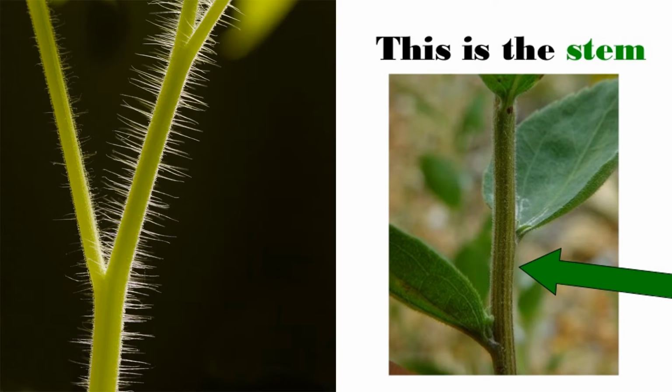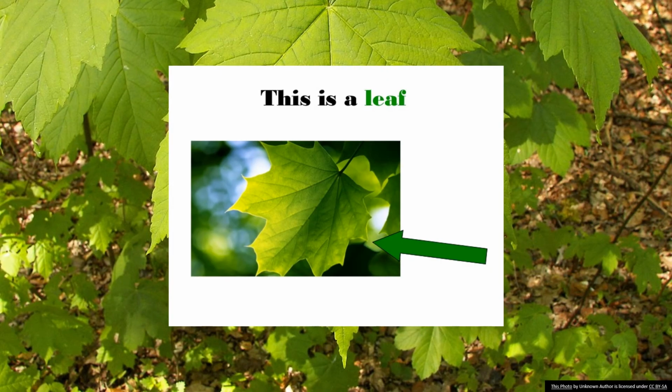Some stems can be very hairy, but sometimes they can be very smooth. The stem helps this plant to stand up nice and tall. This is a leaf. The leaf is there to help the plant and actually gives the plant the food that it needs.